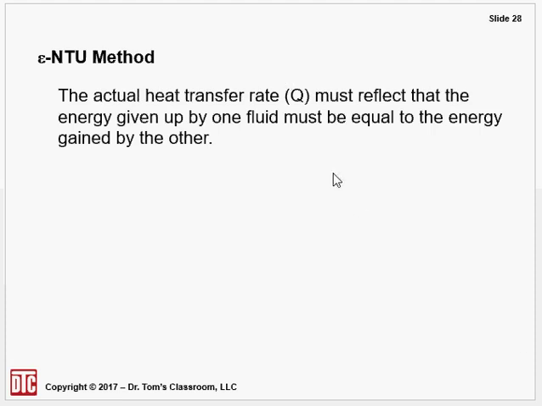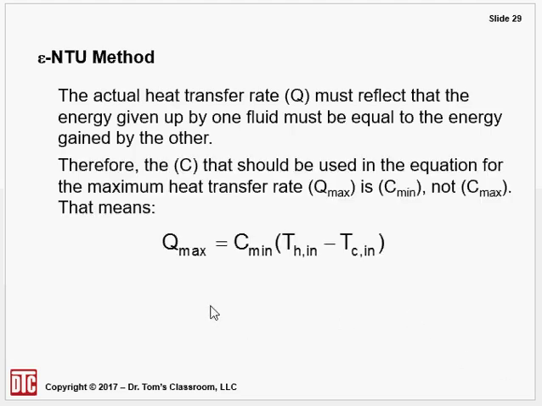The actual heat transfer rate must reflect that the energy given up by one fluid must be equal to the energy gained by the other. The best argument I can give you without a lot that you might find in a textbook is that you would have to use the C sub minimum, not the C sub max, in this particular equation with T sub H in minus T sub C in.